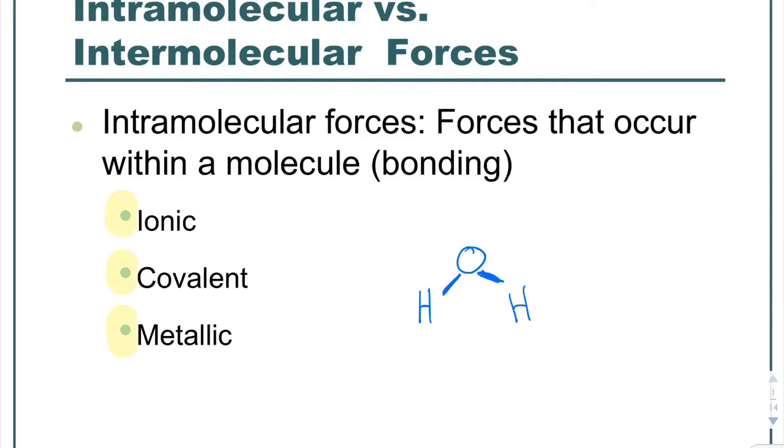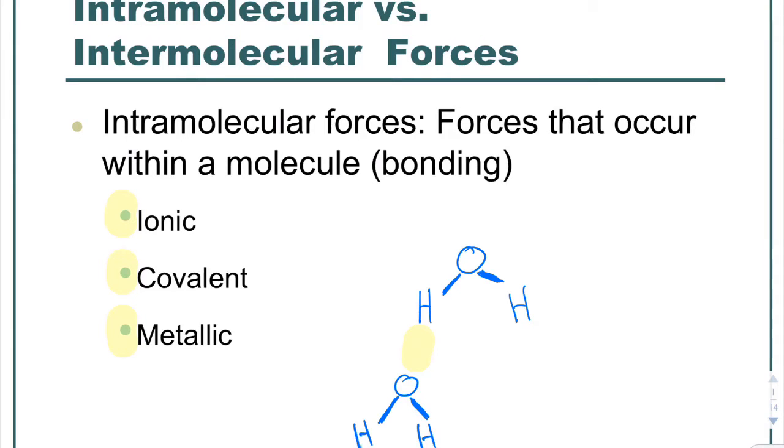Now an intermolecular force occurs between two different molecules. So if I bring another water molecule in here, we know that once again we have intramolecular forces here, but there's also going to be an attractive force between these two.